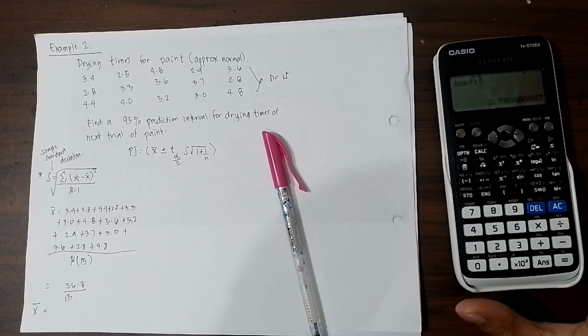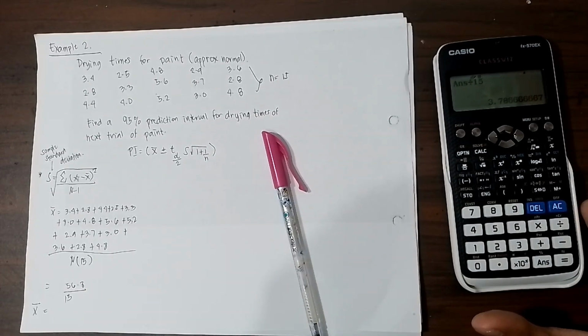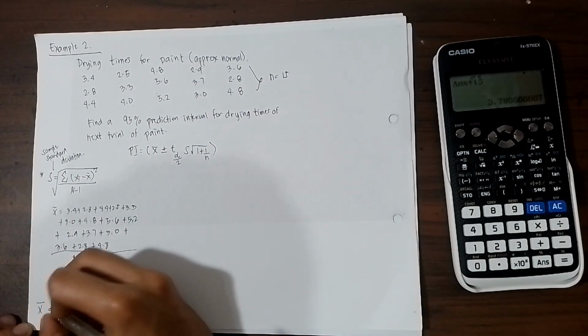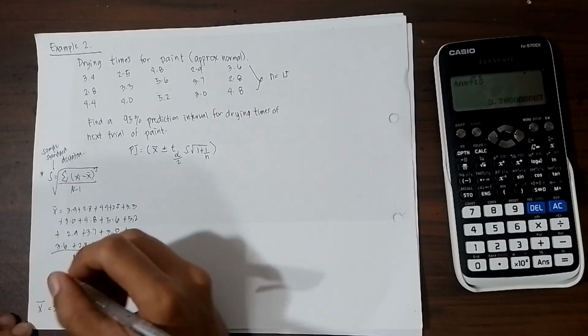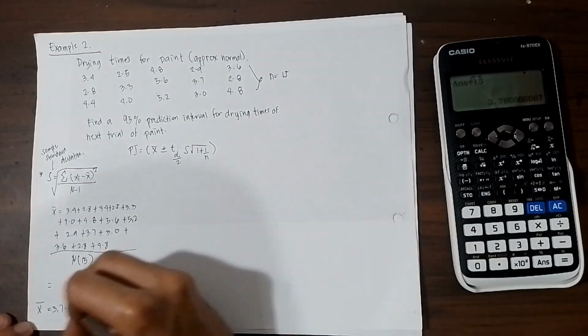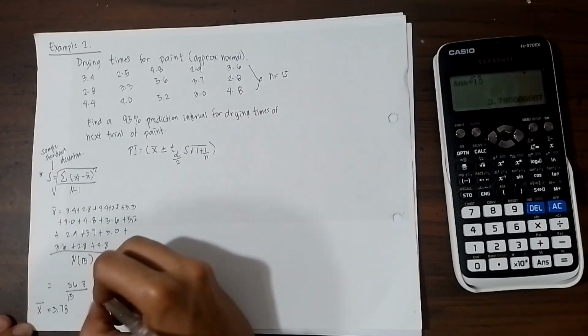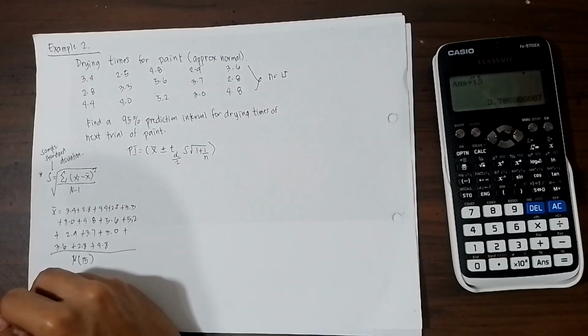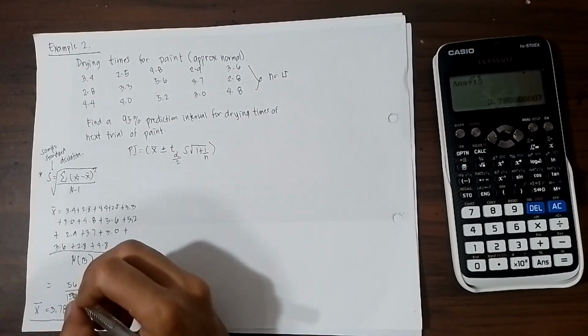Since the fifth decimal digit is 6, we round up the fourth decimal place, so it becomes 3.7867. So this is our sample mean.